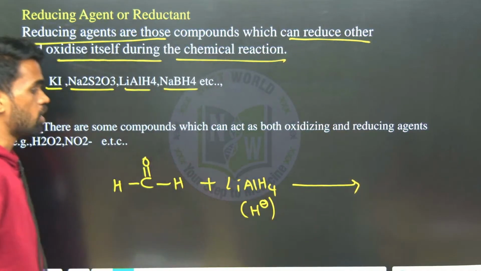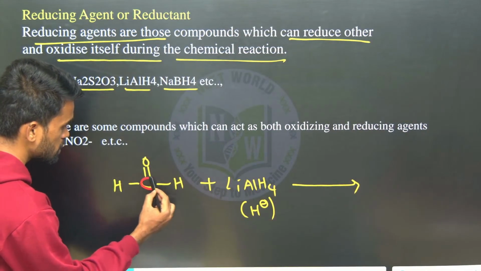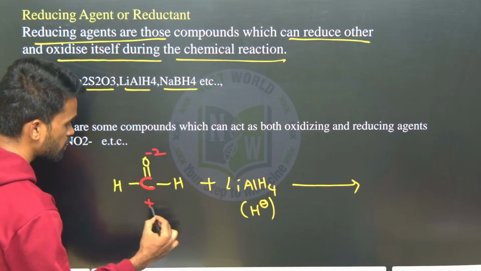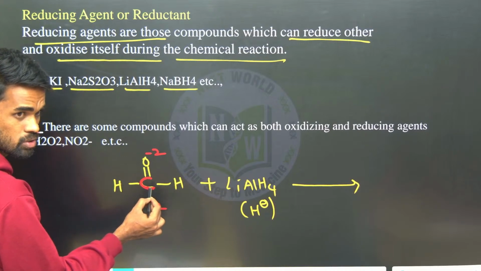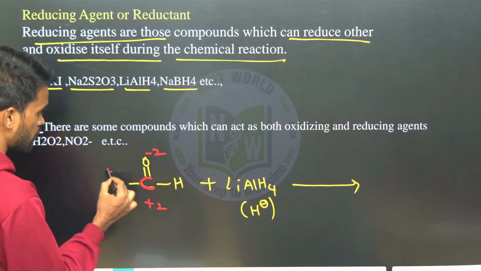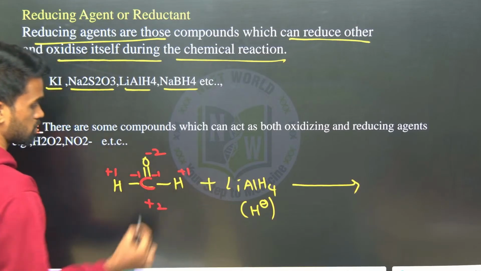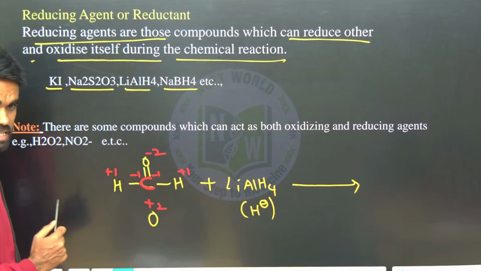What is the oxidation state of this carbon? Oxygen will be -2, carbon will be +2. Between hydrogen and carbon, which is more electronegative? Carbon. So hydrogen will be +1, this will be -1, this will be +1, this will be -1. What is the net charge on the carbon? 0 here. Is this clear or not?